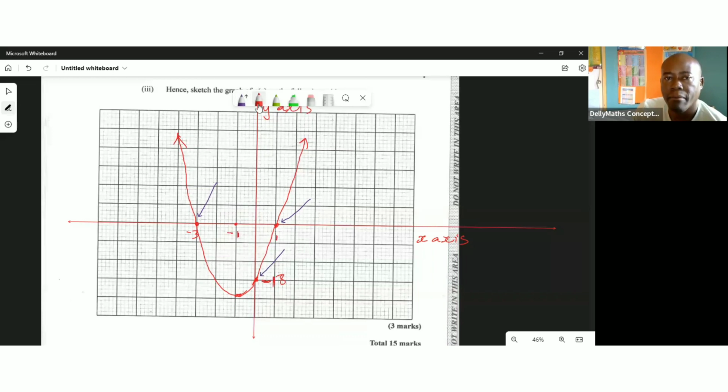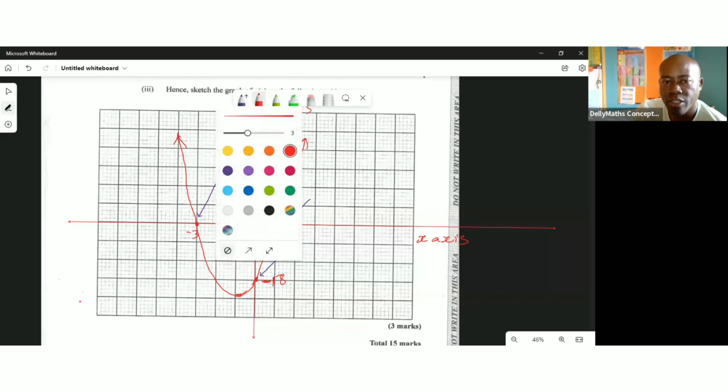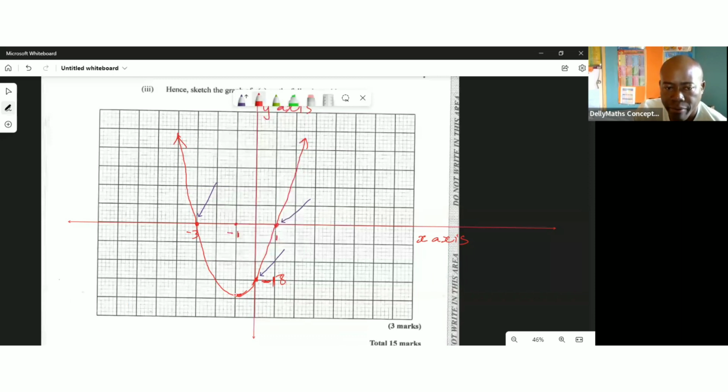And then this would be my turning point right here, would be (−1, −24), right? So negative 24 is somewhere here. So basically that's a sketch of that graph, all right? And that is what was expected to pick up that mark.